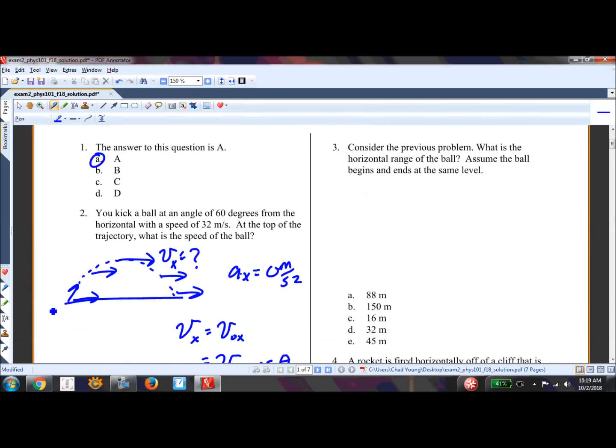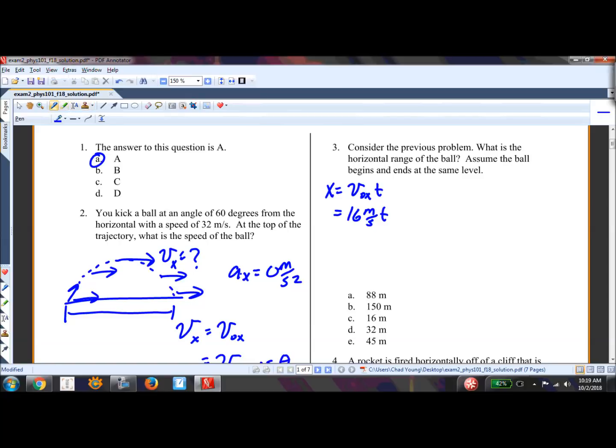Number 3, same problem. What is the horizontal range of the ball? So I'm looking for this distance. Now, I know that the horizontal range is equal to v naught x times t. So I already know v naught x, that's equal to 16 meters per second times t, but I need to find the time.